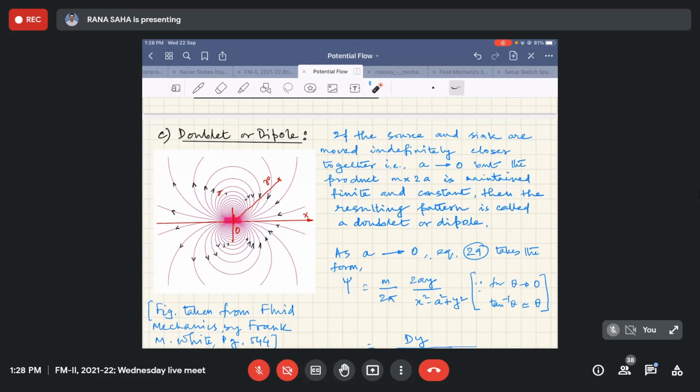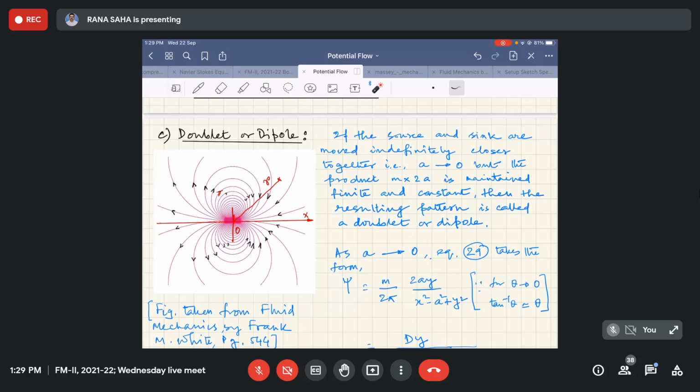From the very statement of the dipole, if you have observed, you are bringing these two points, the origin of the source and the sink, close to each other, indefinitely close, so that the distance A tends to 0. But the product of strength M and twice A, since source and sink are separated by the distance twice A, is finite and constant.